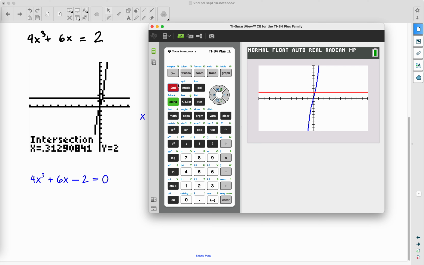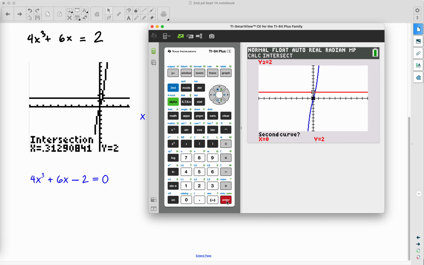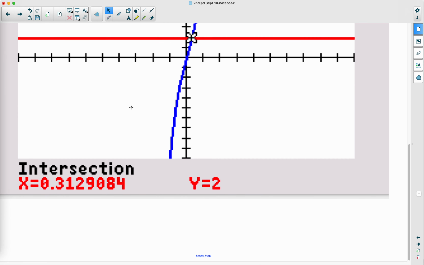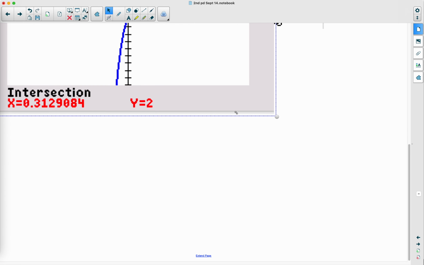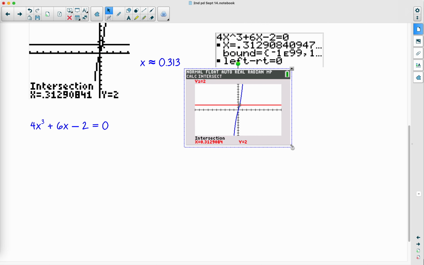The intersection is still calc, second calc, intersect, bam, bam, bam. There's the answer. The reason it says y2 equals 2 right there is because that's the last curve my cursor was on, even though at the intersection, clearly the whole point is that's on both the curves.